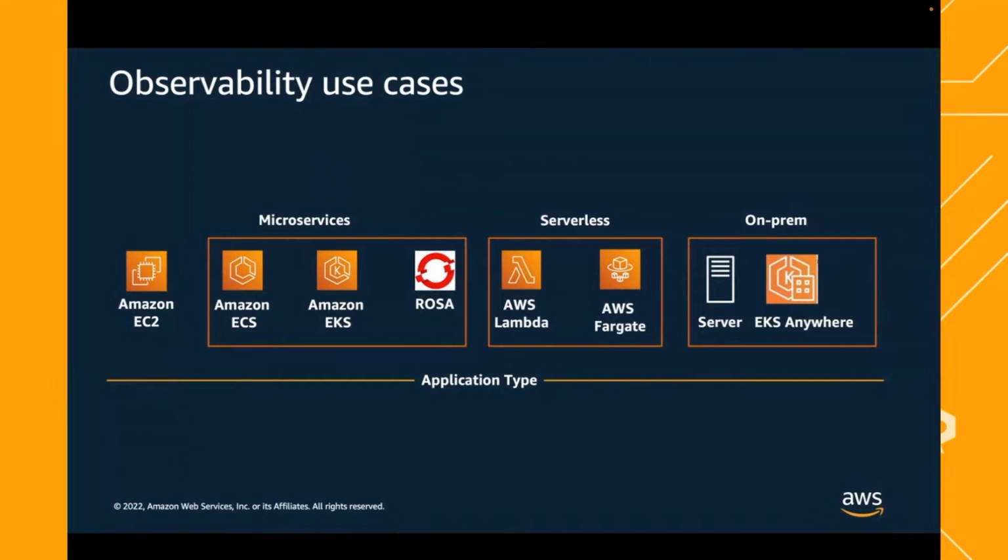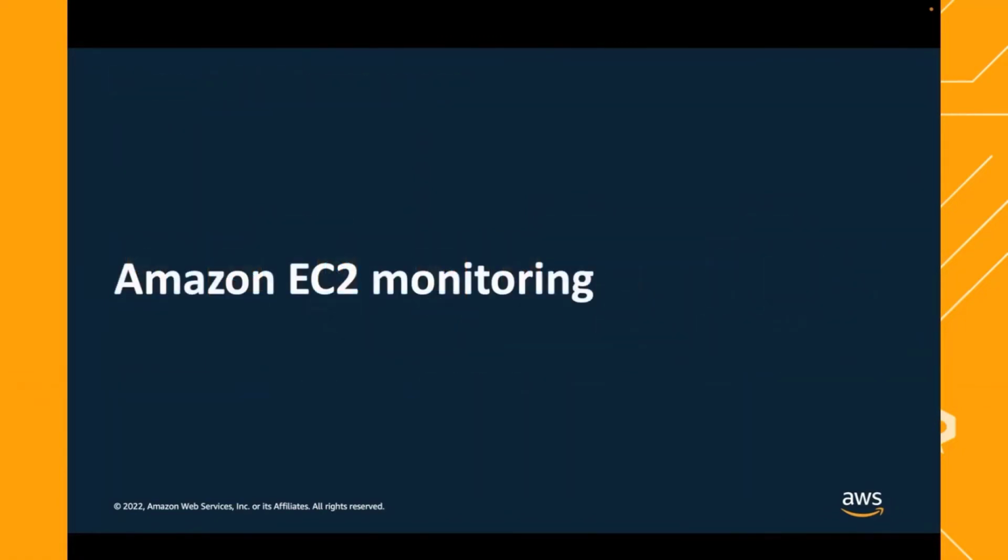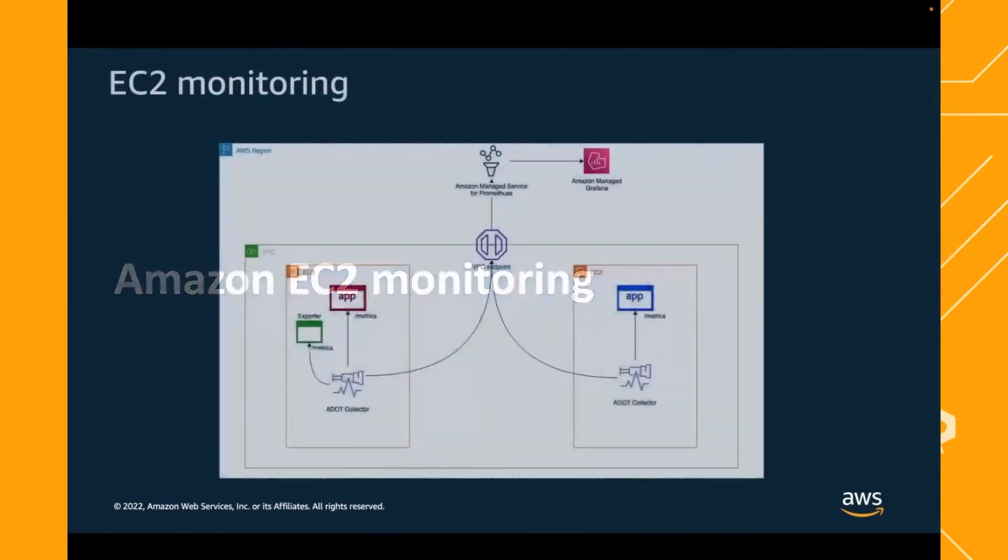Customers have different needs, but observability does not change, whatever the environment is or wherever the application is hosted. You still need visibility into your application performance, health, and how efficiently your resources are being utilized by your application. Let's take a look at how you can configure data collection on Amazon EC2, for example.